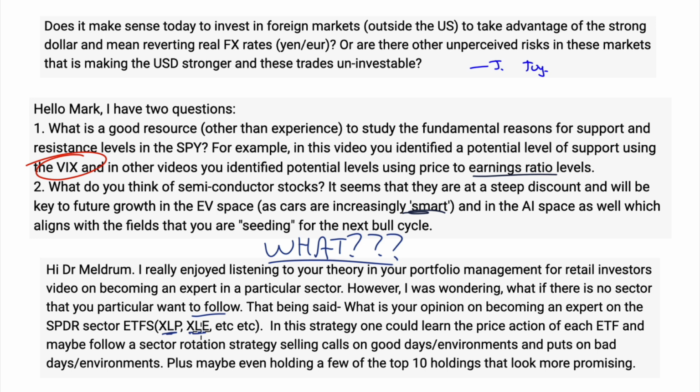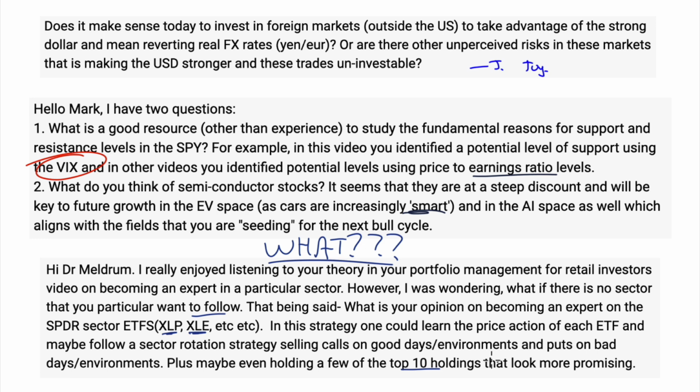In this strategy, one could learn the price action of each ETF and maybe follow a sector rotation strategy, selling calls in good environments and puts in bad environments, plus maybe even holding a few of the top 10 holdings that look more promising. Well, now you're going into individual stocks. Yeah, you could hang out at the sector level, very top down, in which case you would spend most of your time on cycle analysis. What stage of the business cycle are we in?